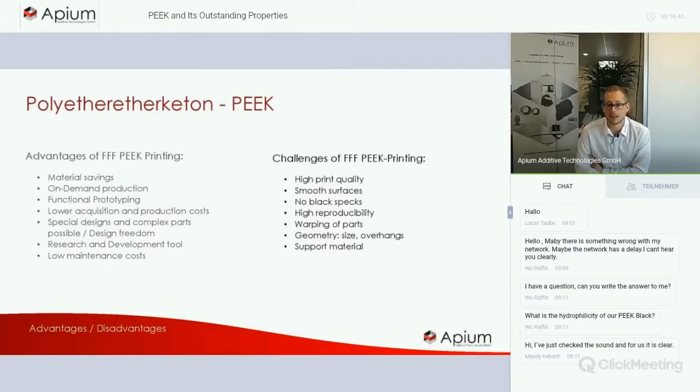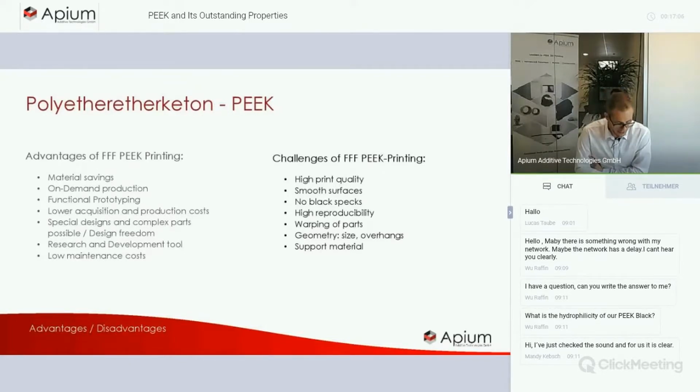We will get some kind of chemical degradation, and this appears as black specks. This is something you want to avoid because it doesn't have the same mechanical properties as the PEEK that is wanted.